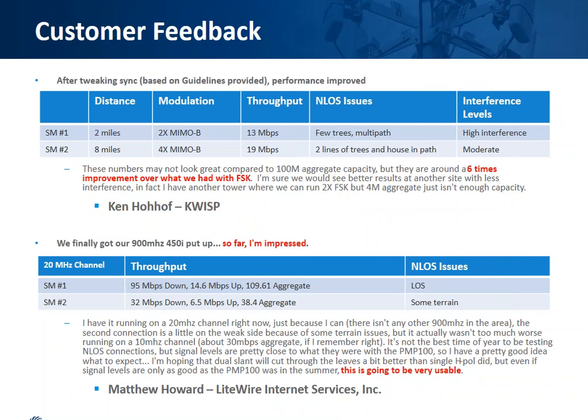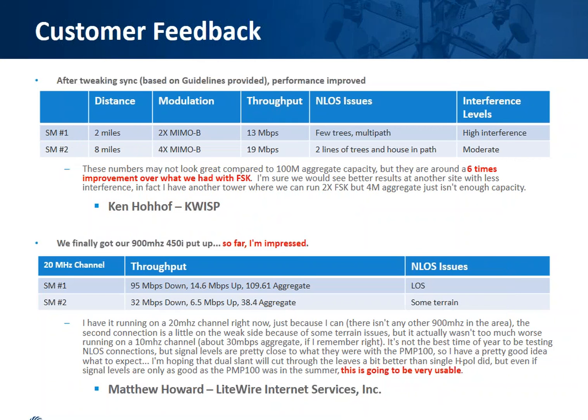And then there were a couple of folks that posted some experiences over on the Animal Farm forum, if you will, and they've done some testing. And this is not beta testing. This is actual equipment that they've purchased and done some testing with. A couple of examples: Ken's got about 6 times improvement over what he had with FSK.